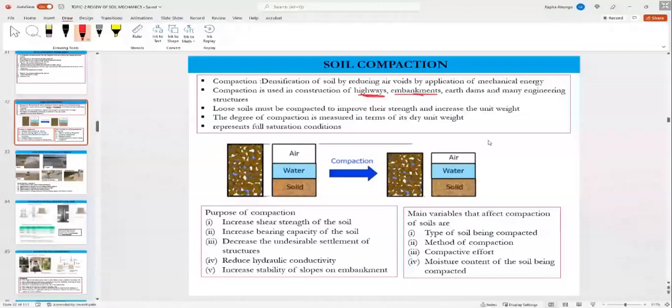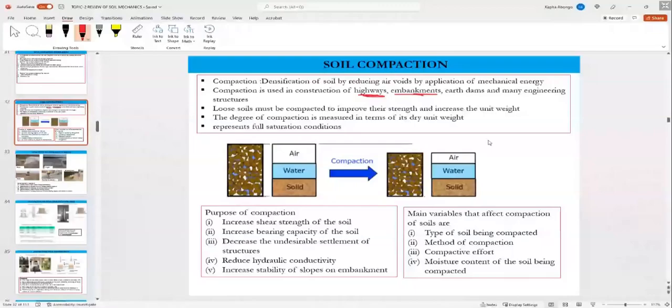Now, the various factors that affect compaction. One would be the type of soil being compacted. It's easier to compact coarse-grained soil than it is to compact fine-grained soil. Then the method of compaction, probably using a sheepsfoot roller, is different from when you use a compactor.